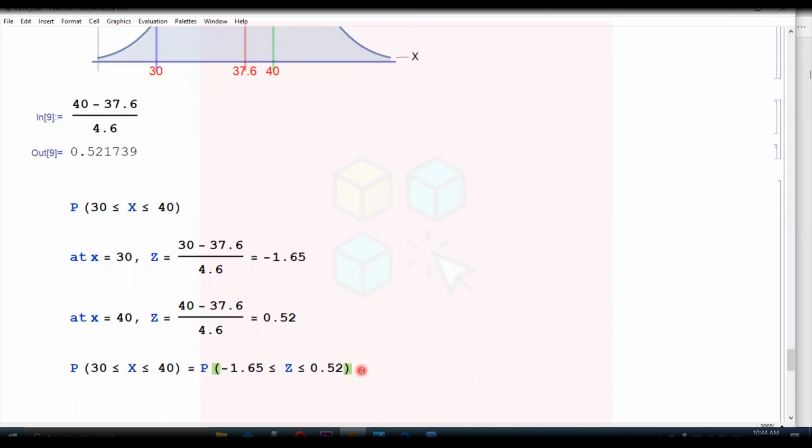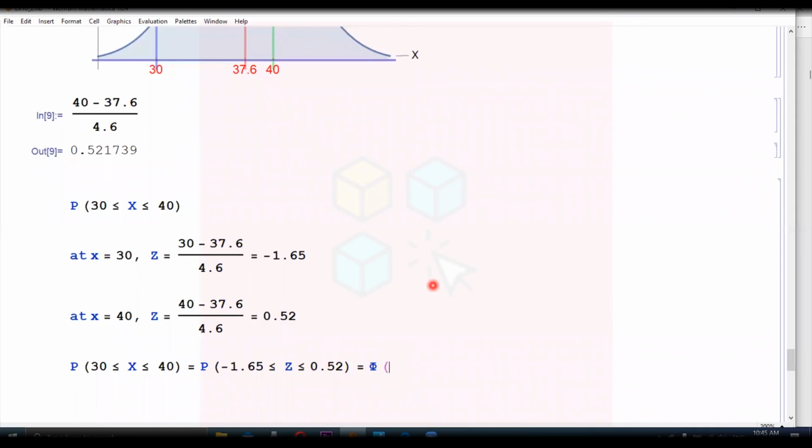And using the formula, if you remember the theorem, phi of b minus phi of a, we can write it here. Phi of b in our case is 0.52, minus phi of minus 1.65.